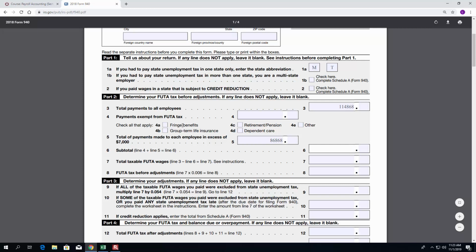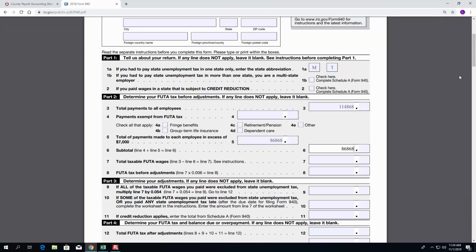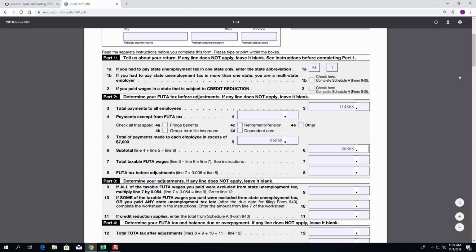Now I'm just going to follow the directions. Subtotal, add line 4 and 5. Seven. Find your FUTA wages.